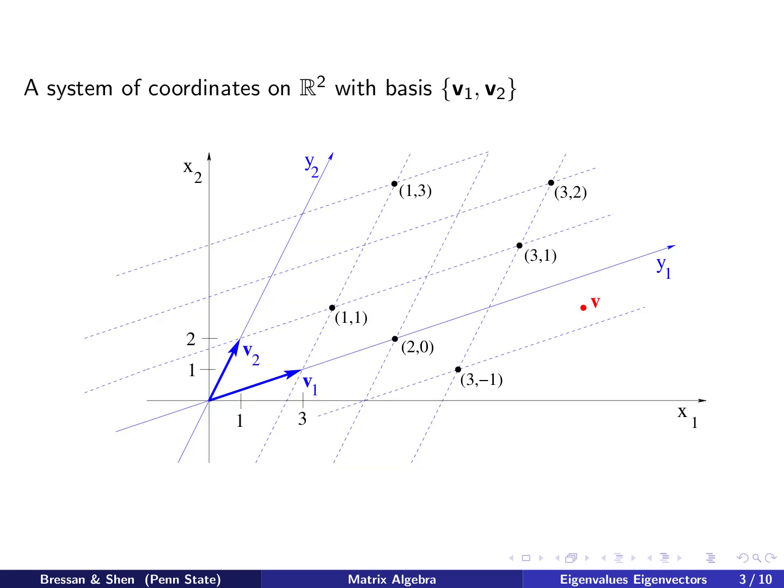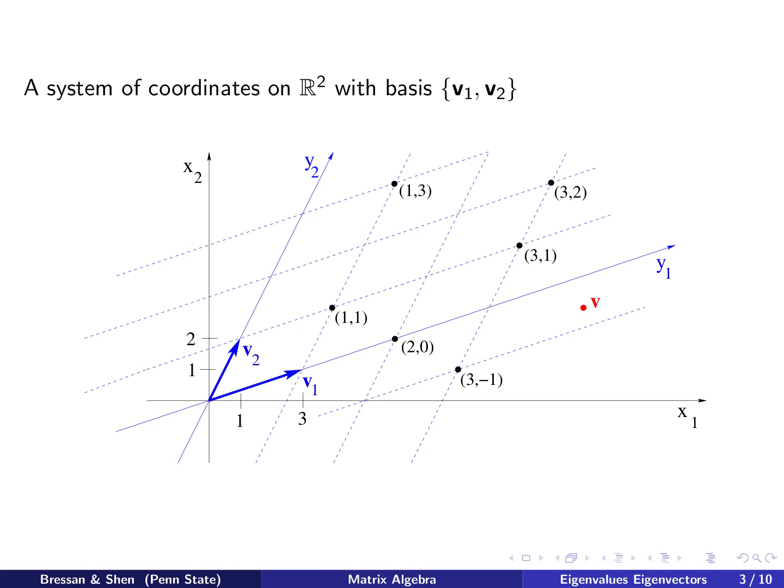So here is an image we have seen before, a system of coordinates in R2. Let's say we have two linearly independent vectors v1, v2. Here is v1 and here is v2. So basically we have a direction that's decided by v1 and a different direction decided by v2. And then for any vector in this R2 space, we can express it as a linear combination of v1 and v2, and then we have a system of coordinates.